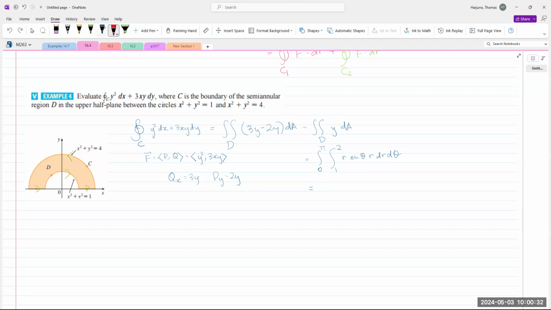Just to remind you what we have from chapter 15. So we can rewrite this as the integral from 0 to pi of sine theta d theta, times the integral from 1 to 2 of r squared dr. This will be 2, this will be 1/3 of 2 squared minus 1 squared.